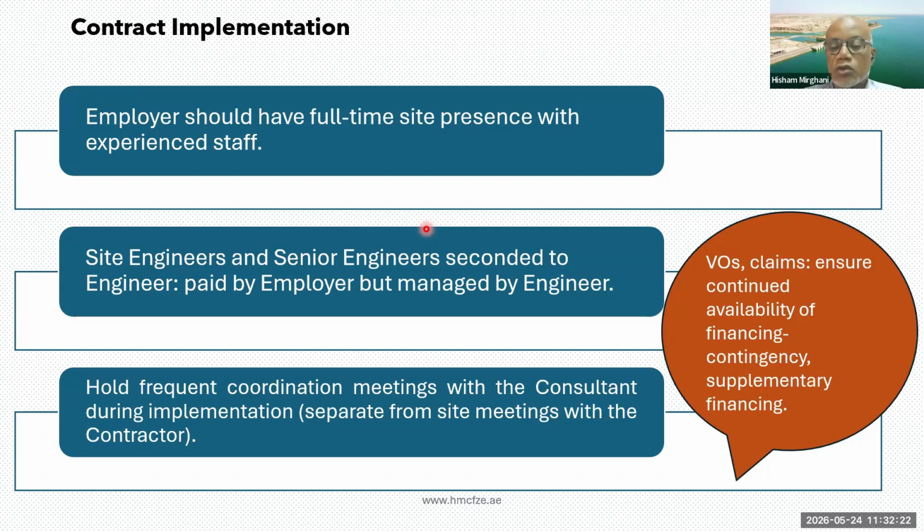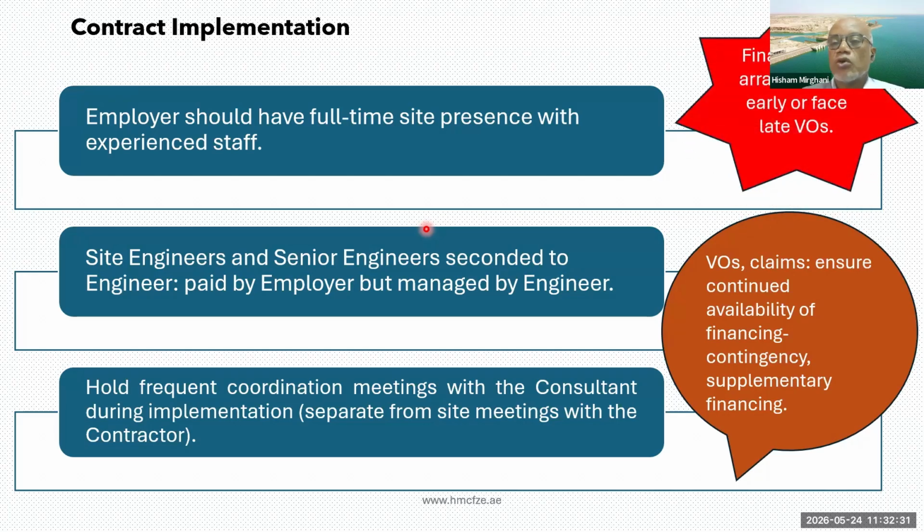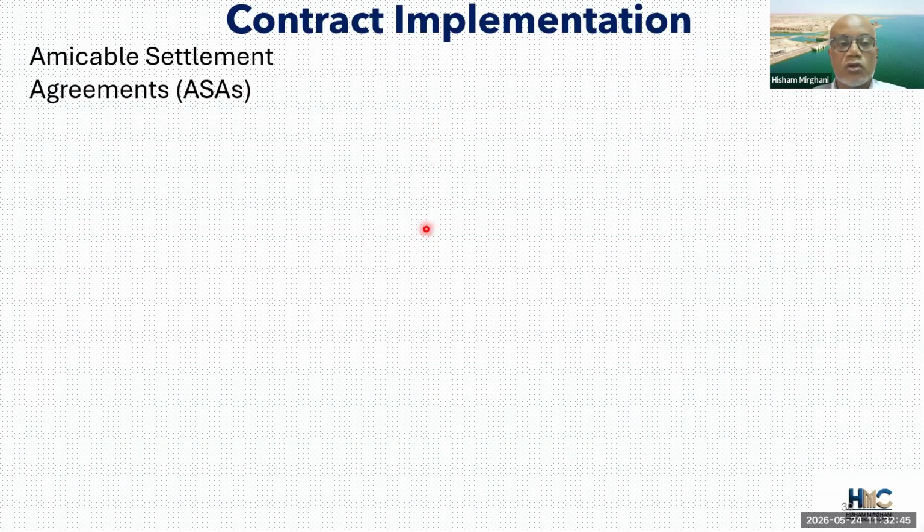Sometimes there could also be a need to apply for supplementary financing from the financing agency. And one very important aspect is that the employer needs to finalize the operation and maintenance arrangements as early as possible. Otherwise, you could face late variation orders, which can be a big inconvenience.